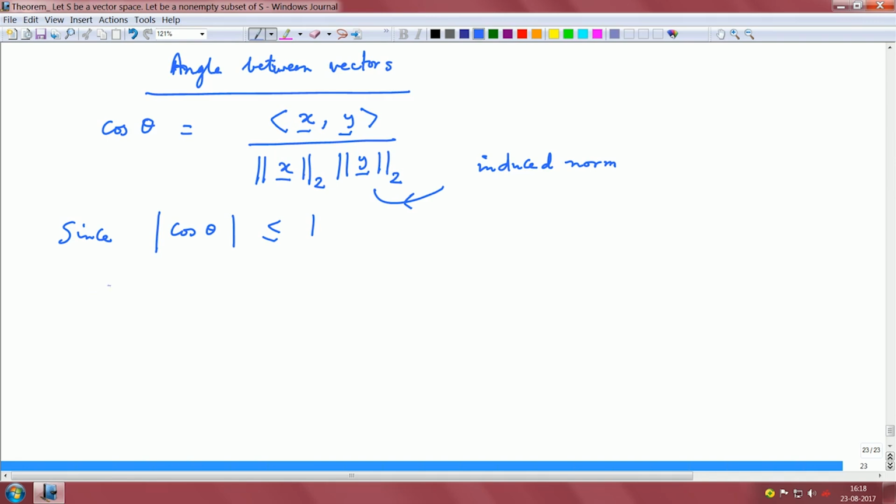So therefore we can say -1 is less than or equal to this quantity, which is less than or equal to +1.